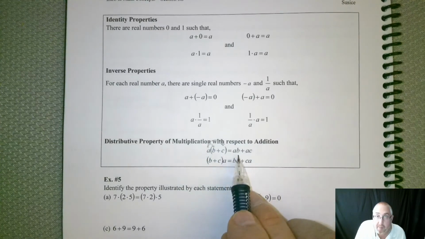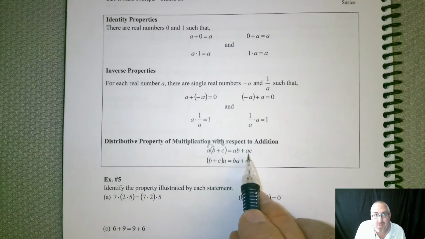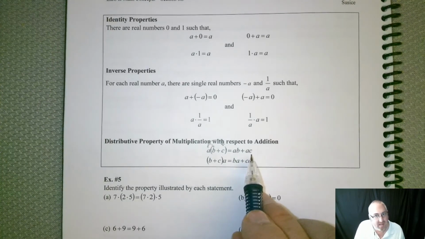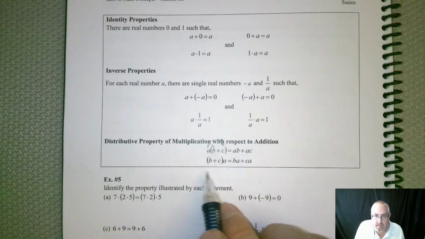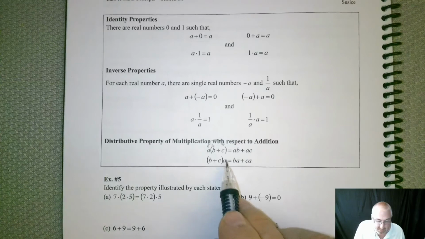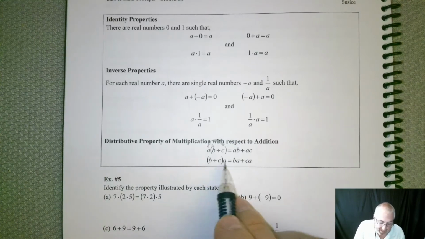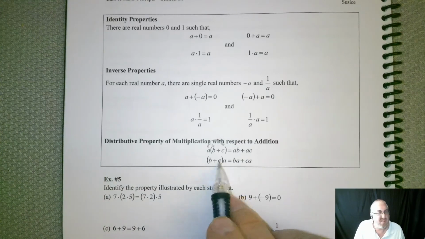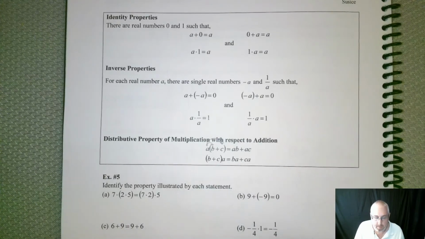So a gets multiplied by the b and a gets multiplied by the c. So it's kind of a cool thing. And you can reverse it, or distribute backwards essentially. So the a gets back distributed to the b and to the c. But it's still the distributive property.